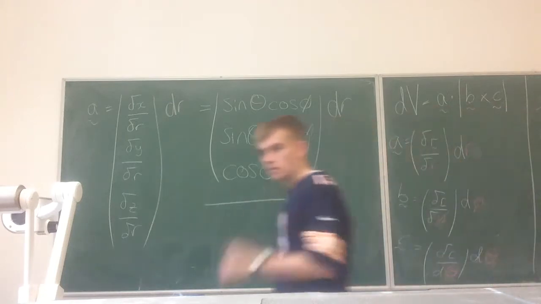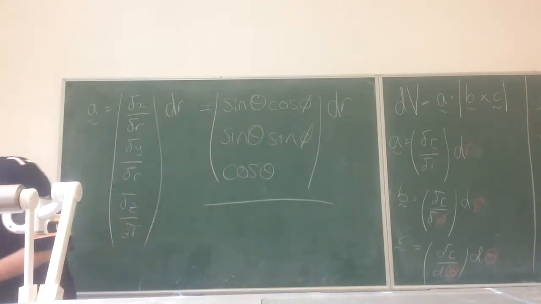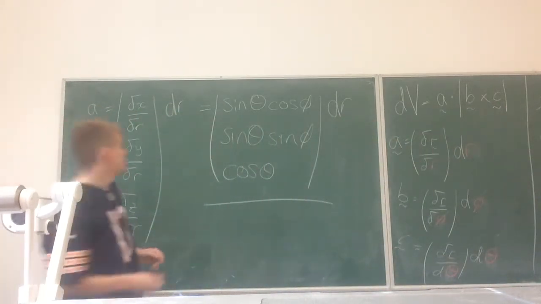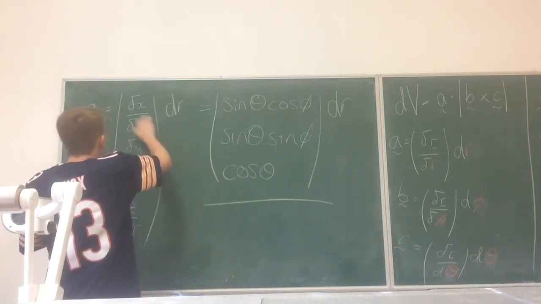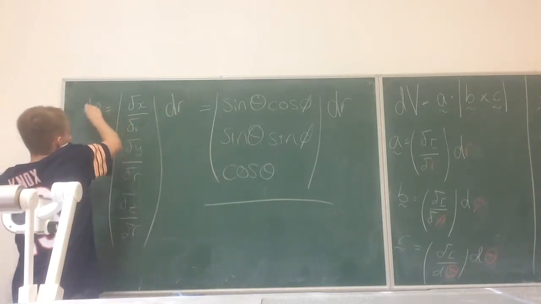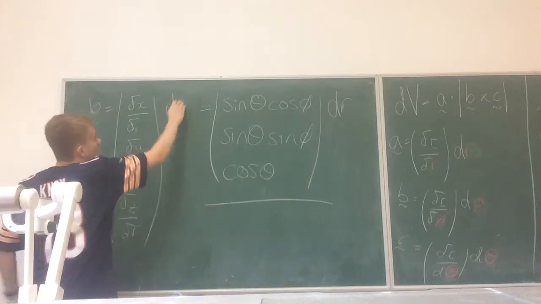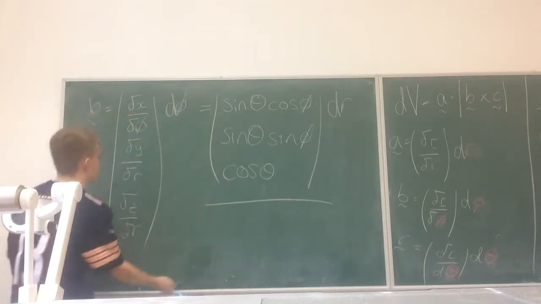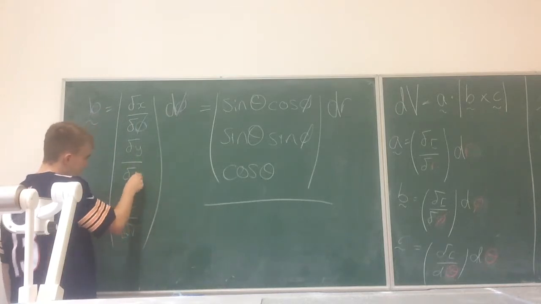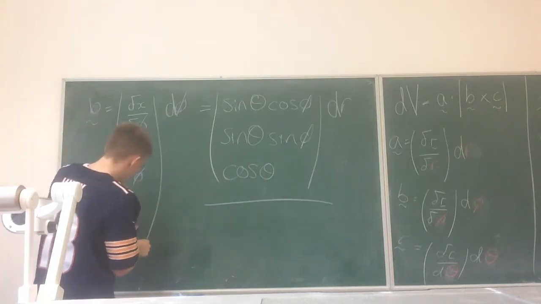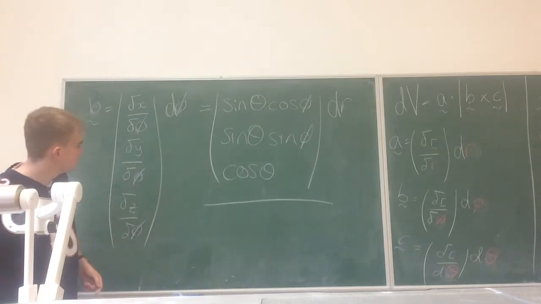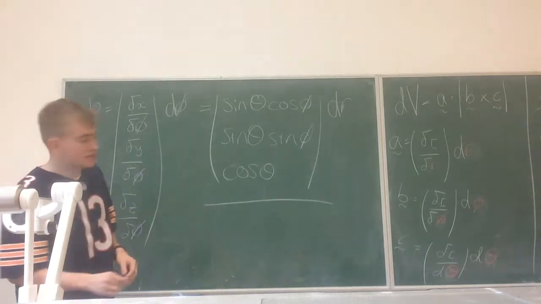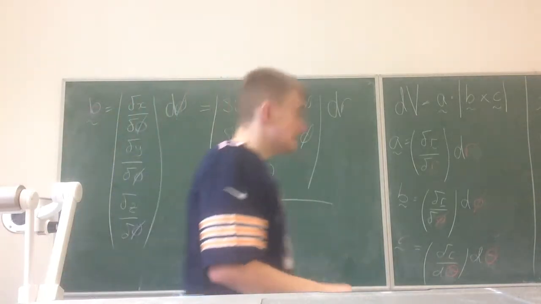Okay, smashing. Let's move on to the B one, and let's change up colours, because that's going to be fun. Okay, so B now, we've still got x, y, and z, but instead of r at the bottom, we are using phi. Okay, and these change as well, as you'd expect.